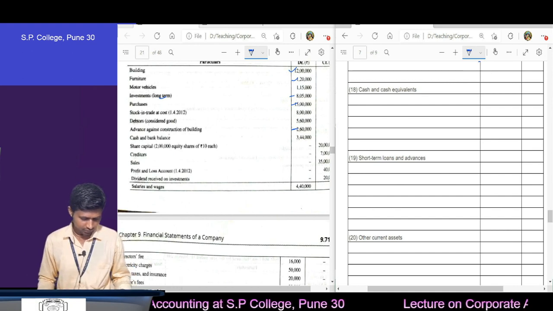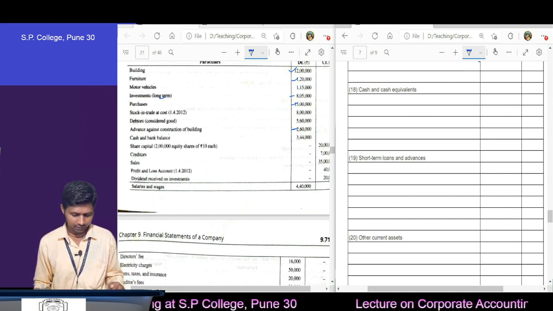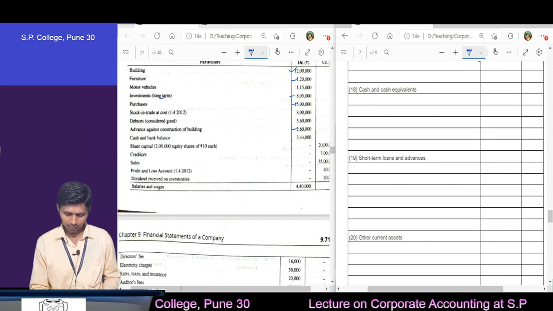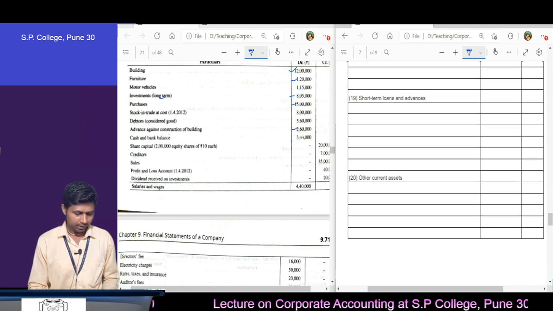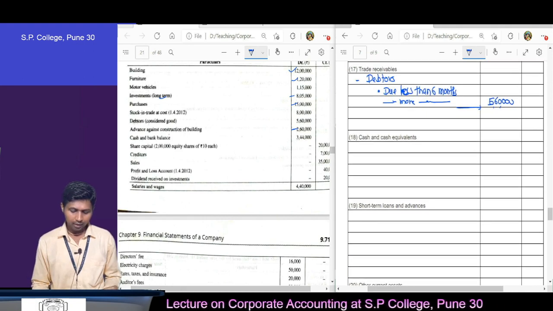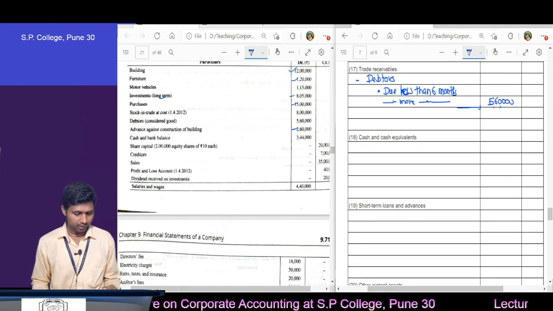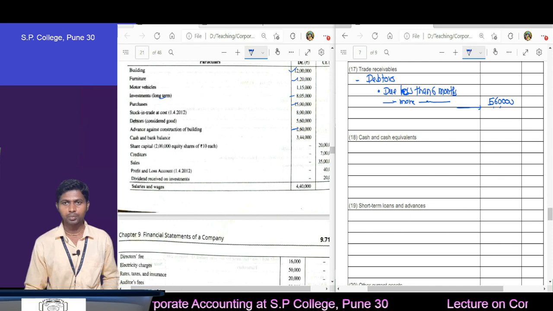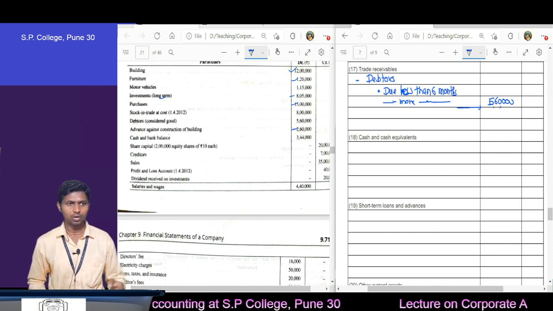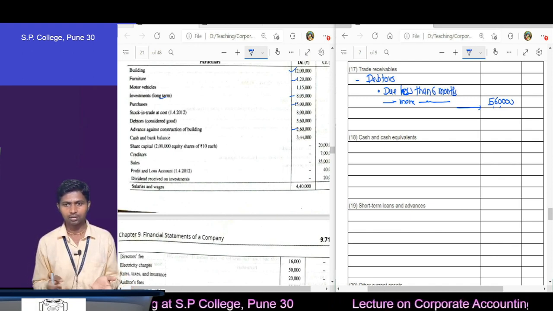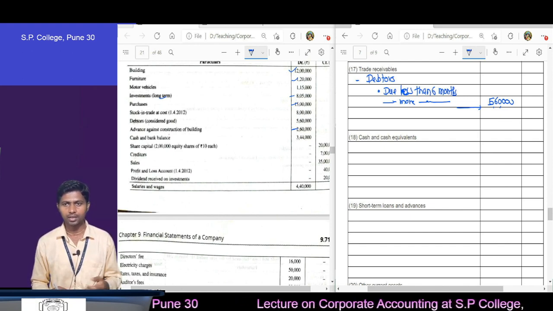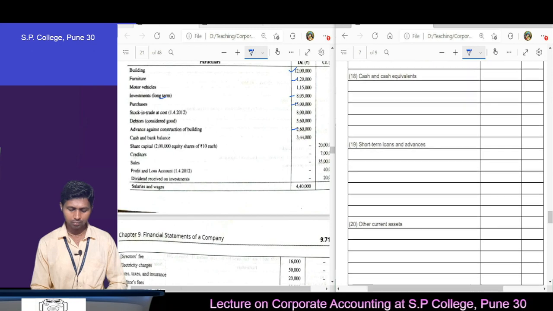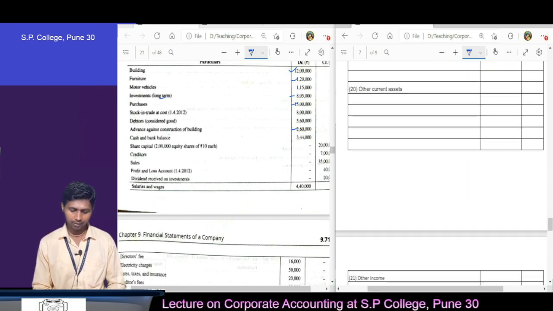Now after this, what are we writing? Advance, as I said, write in assets from 10 to 20. Where to write advance? Advance is matching with the word advance. And what are they saying? Against construction of a building. Building construction is not a 1 or 2 year, not less than 1 year, 1 month's job, but this is going to take more than 1 year. Therefore also assume that we have given a long-term advance.